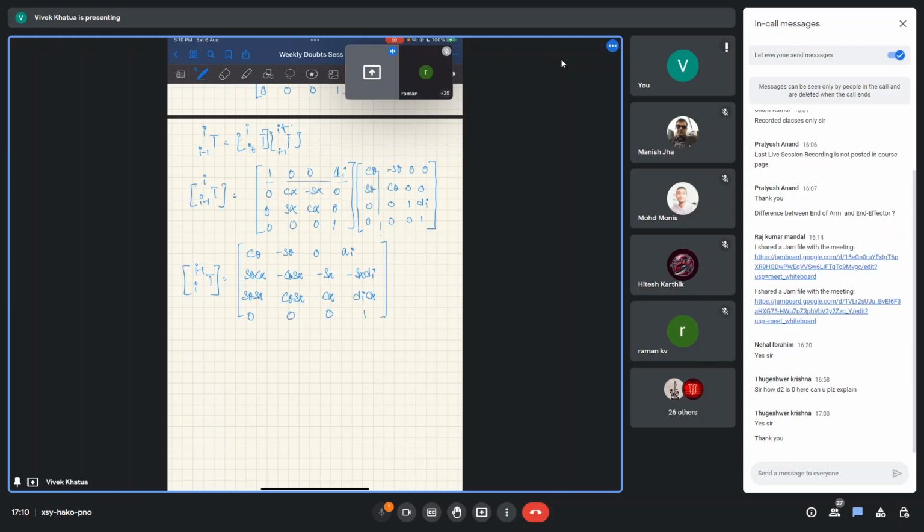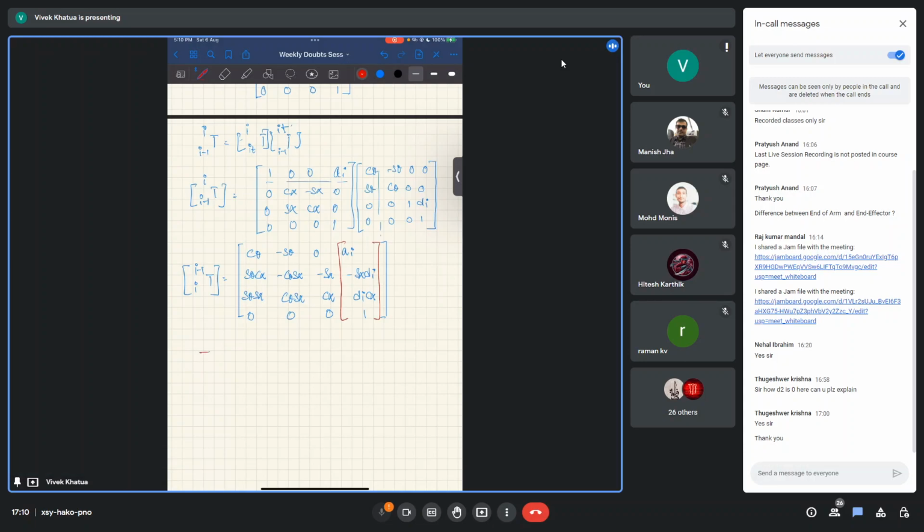Now here you can clearly see that this column is the direct kinematics of your robot.